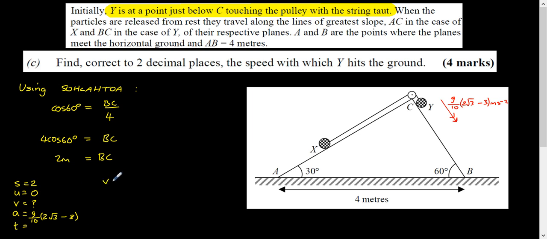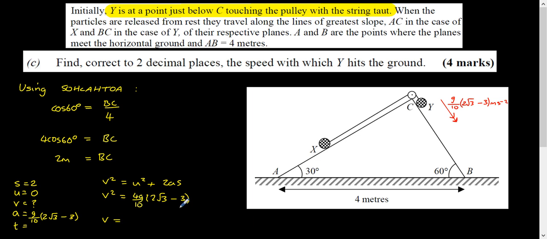So we use our equations of motion. We're going to use v squared equals u squared plus 2as, which means that v squared is 0 squared, u is 0, so 0 squared, plus 2as. So we've got 2 times s, which is 2 times 2, which is 4. So we've got 4a. So we end up with 4 times the acceleration, or 4g over 10, 2 root 3 minus 3.